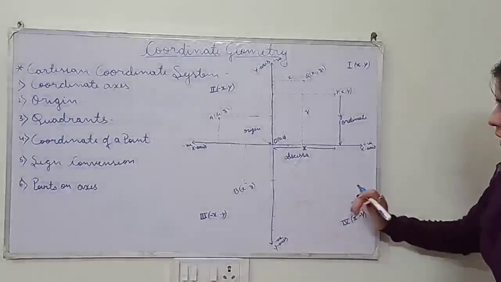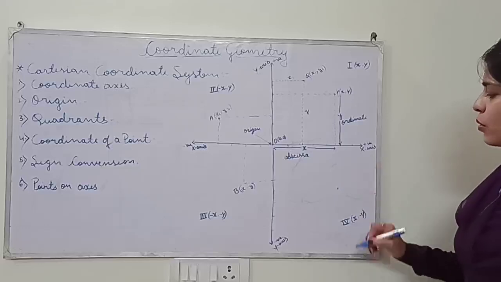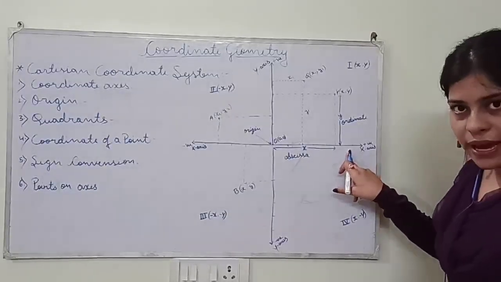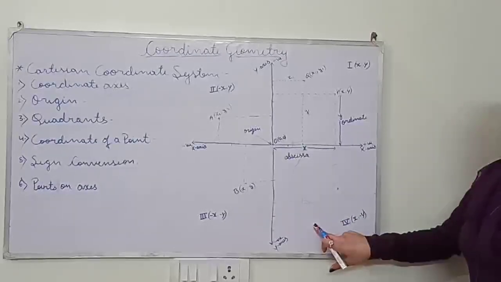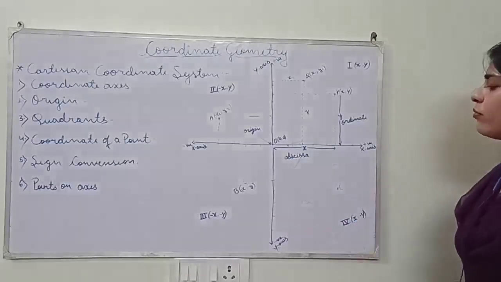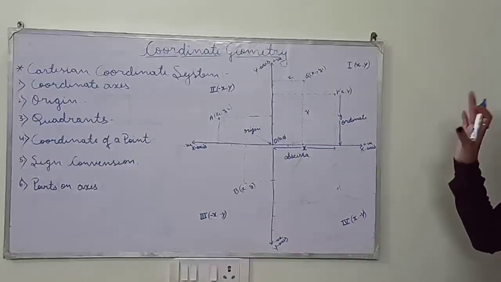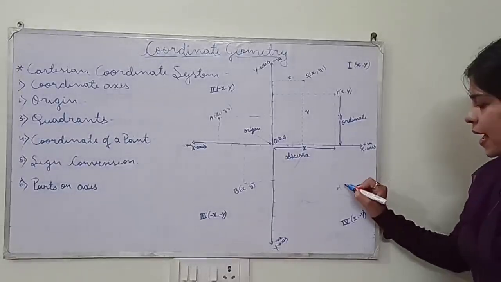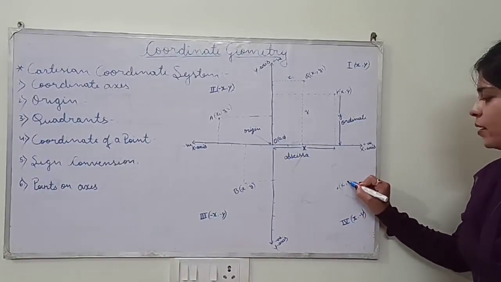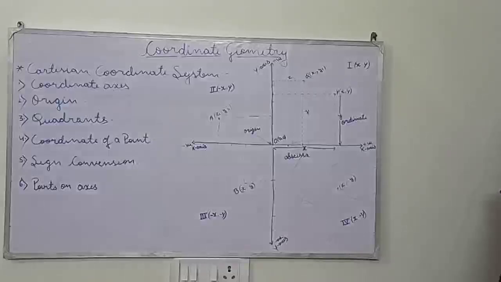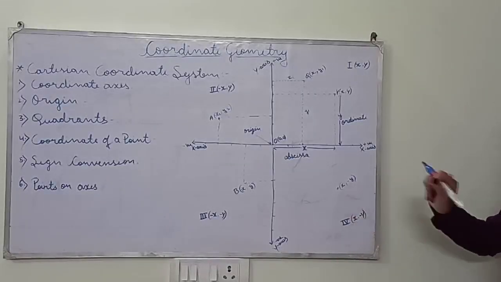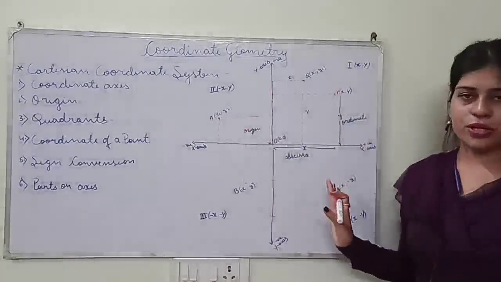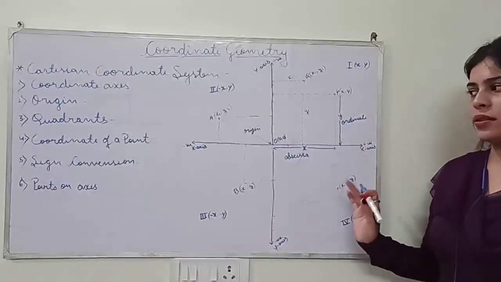So the coordinates of a point which lies in the fourth quadrant will be x positive and y negative. So this was the sign convention for points lying in the quadrants.